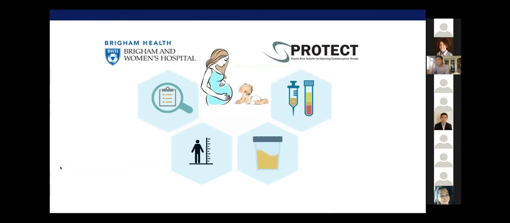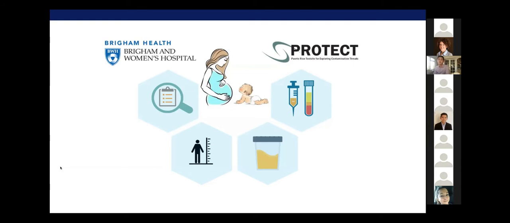So when I began and pursued my doctoral and postdoctoral training at the University of Michigan, I had the privilege of building some really awesome collaborations with mentors and colleagues and conducting research in 2 well-characterized prospective birth cohorts. The first is the Life Codes cohort, which is a nested case control study of preterm birth based in Boston, Massachusetts.